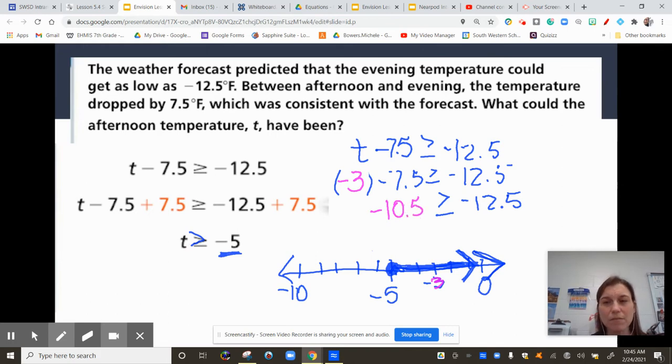This is where, I know for me in 7th grade, students get a little stuck because they're not really great at knowing which one's greater when they're negative. But remember, when numbers are negative, the bigger the number is, the further it is away from 0 to the left of 0. So -10 is greater than -12.